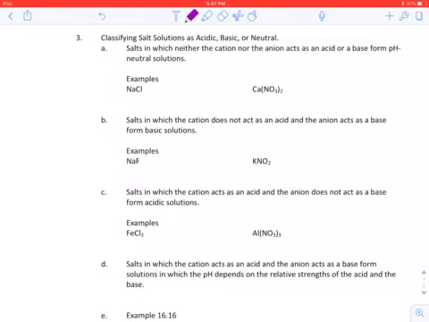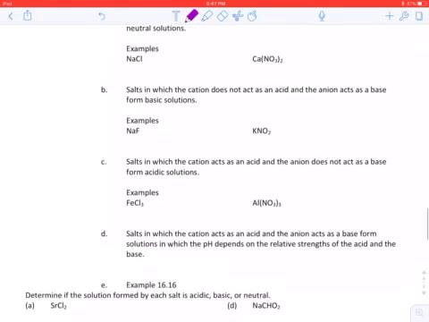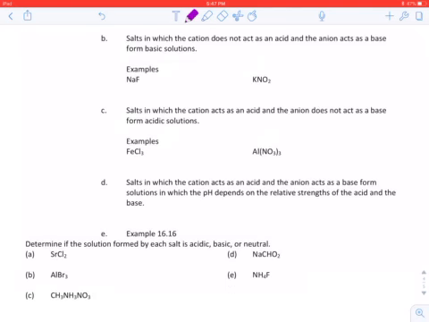All right. Kind of in summary, salts in which neither the cation nor the anion acts as an acid or a base form pH neutral solutions. We've got an example there, NaCl. Na is the cation of a strong base, and Cl is the anion of a strong acid. So these guys are both neutral.